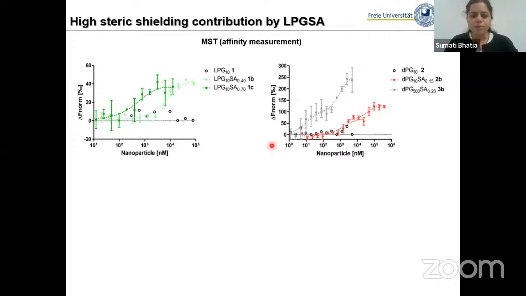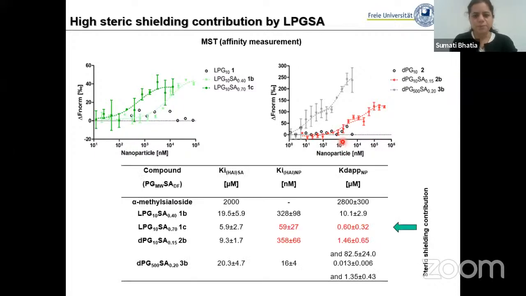Light is shone on these tubes, and with the energy gained from that light, the bound or unbound particles start to disperse. Then you see a fluorescence change, and you can plot this fluorescence change with respect to the concentration. The middle point tells you the KD value. This is a relatively new technique, microscale thermophoresis. But I would ask you to focus on this table, which tells you some very important information.